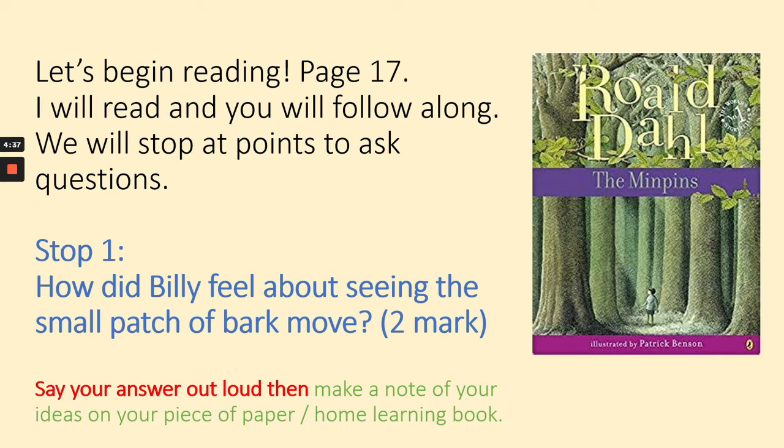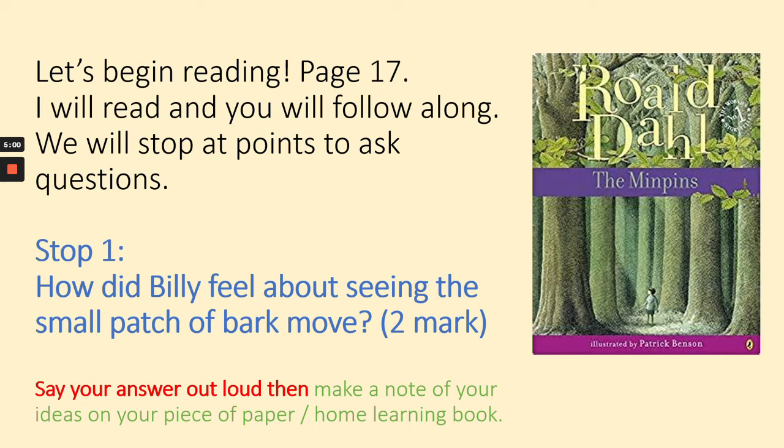Then something very peculiar happened. Peculiar, strange, or unusual. There was a huge, smooth branch very close to where little Billy was sitting, and he suddenly noticed that a small, square patch of bark on this branch was beginning to move.